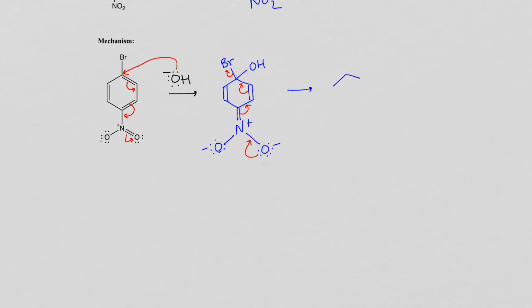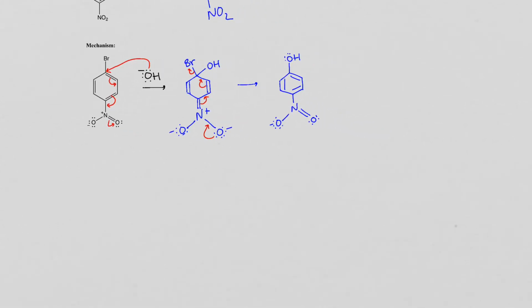And so, when we draw our product, we now have the OH on top, we have our aromatic ring, and we have our nitro group down on the bottom. And you can write this the same way.